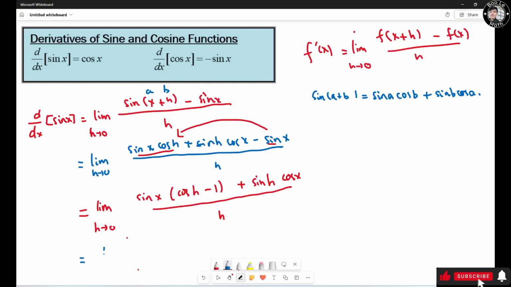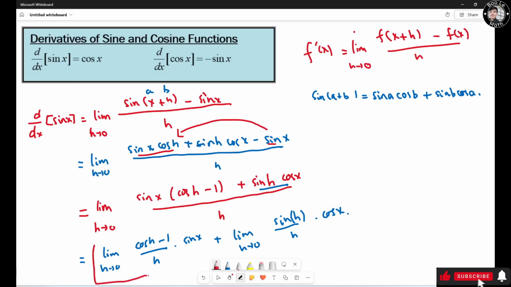The first one is the limit when h approaches 0 of cosine h minus 1 over h times sin s, plus the limit when h approaches 0 of sin h over h times cosine s.